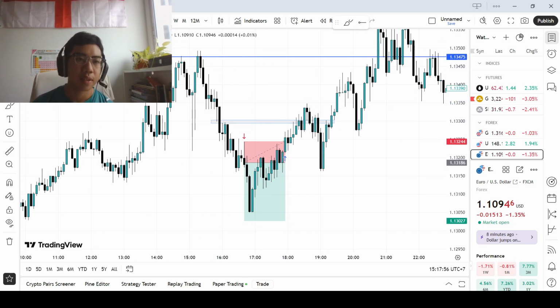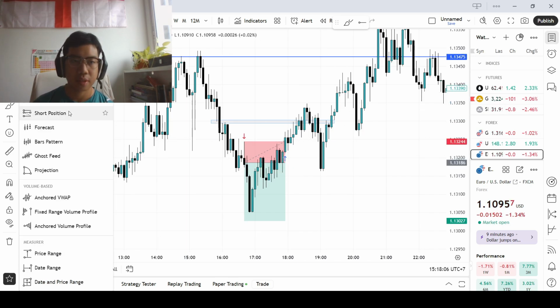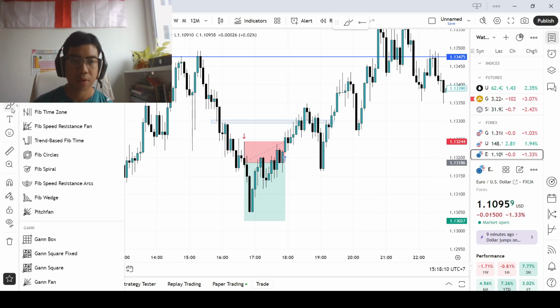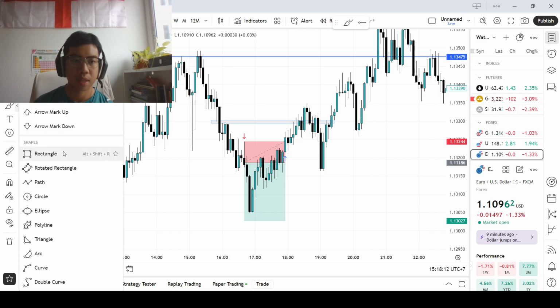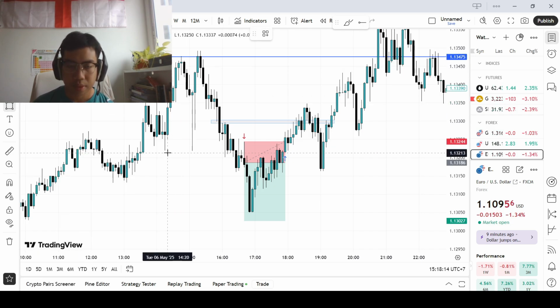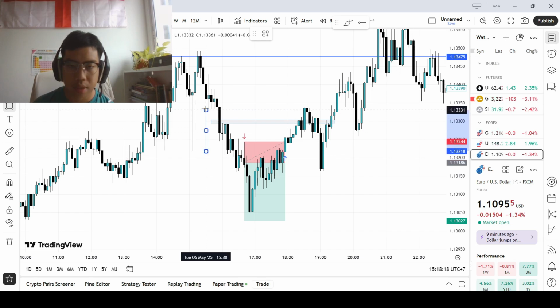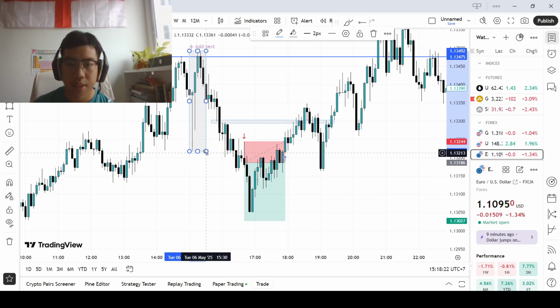So I identified the order block as a potential retracement entry. Let me just draw it up real quickly. This was the order block.